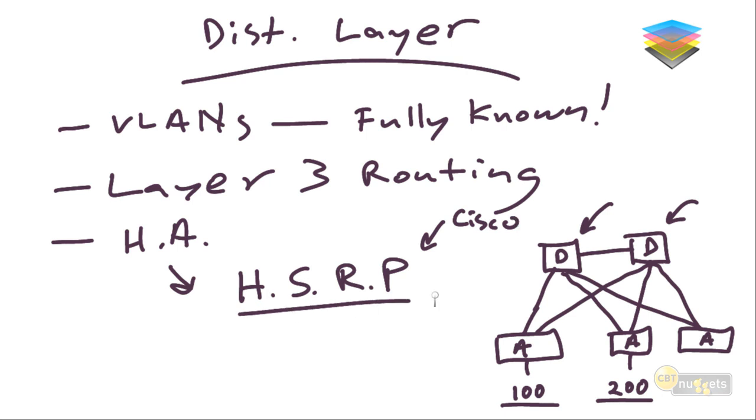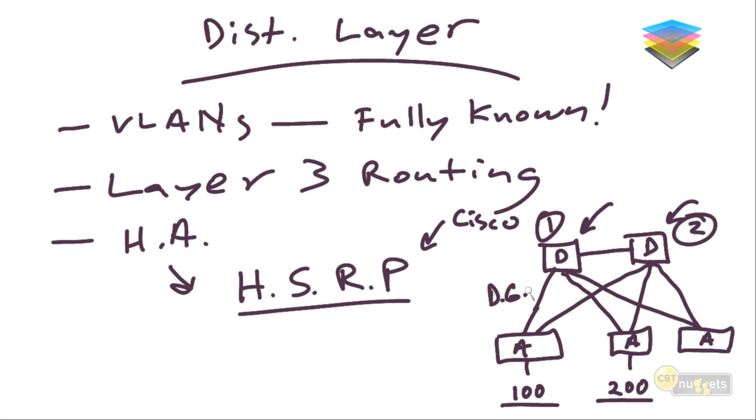This is a proprietary solution from Cisco in order to have multiple default gateways be presented to the devices of, let's say, the access layer. So we can have multiple devices like device number 1 and device number 2 presenting a default gateway address to the various access layer devices.